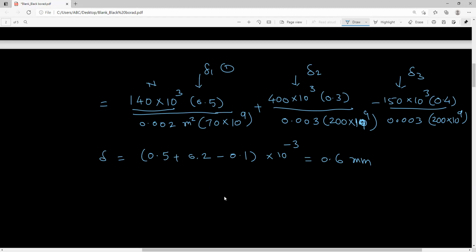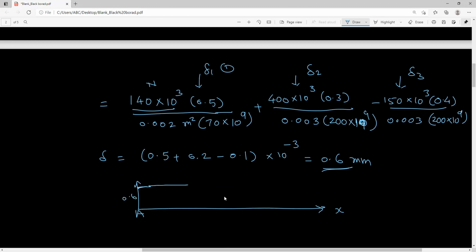So if you at all want to plot the deflection within the various parts, then also you can imagine the deflection. So for the first part, you can see here from here to here is the total deflection. I told you delta A is 0.6.